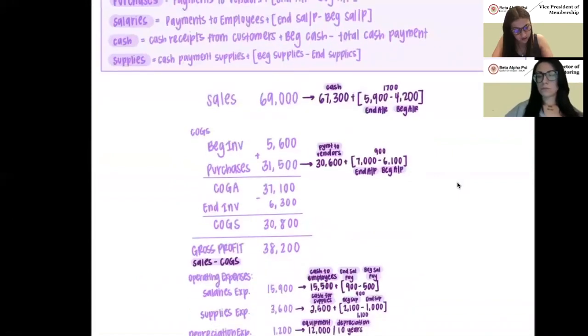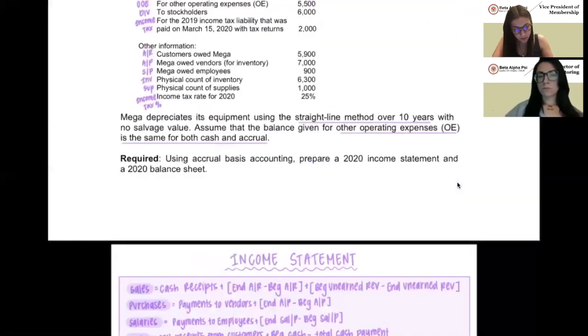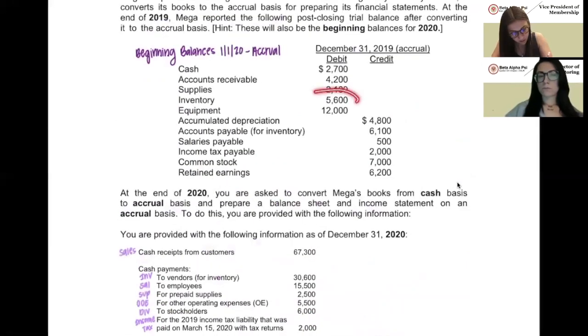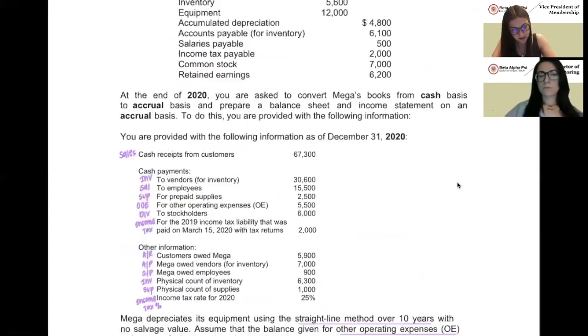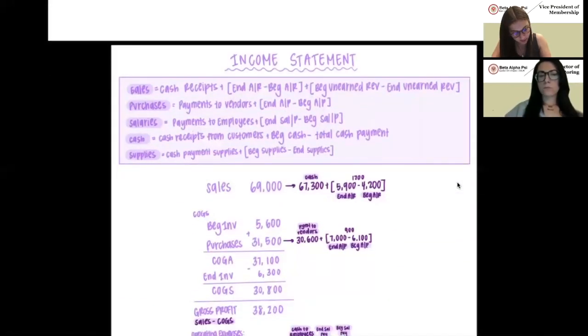All right, moving on to our COGS formula. Our beginning inventory is given to us, which we get from our beginning balances. So beginning inventory, 5,600, which we're going to put in. Now our purchases, we do have a formula for. So in addition to the cash that we paid to vendors, we also have to take into account our accounts payable.